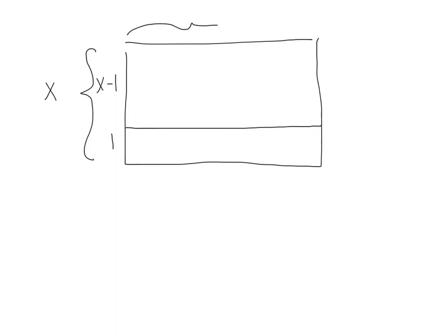I can actually draw that in a really fun way. If we say that's x, we can say that this is x minus 1. And let's see, get about the same size.